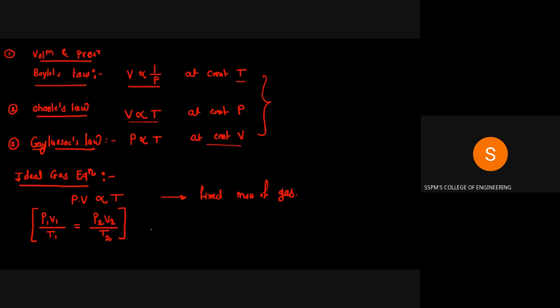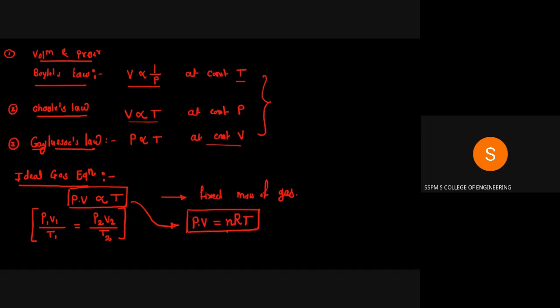From the same relation, PV is proportional to the temperature, we can write the equation by introducing a constant, the gas constant R: PV is equal to nRT. So the product of pressure and volume is equal to nRT.